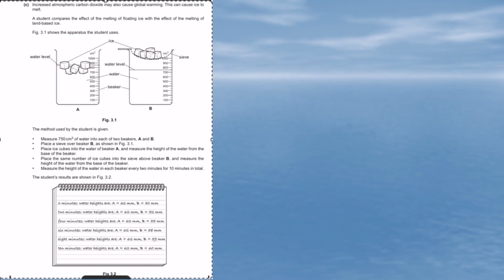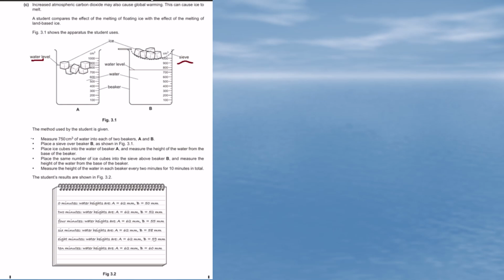So next we are given a quite long description of an experiment where you look at the difference between water level of our sea ice, and here we have our land-based ice, and we're giving the method here, and this can seem confusing.